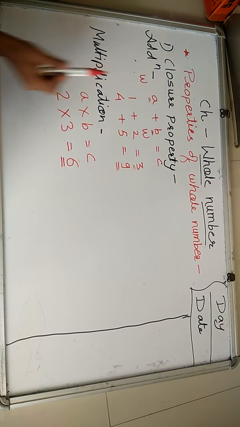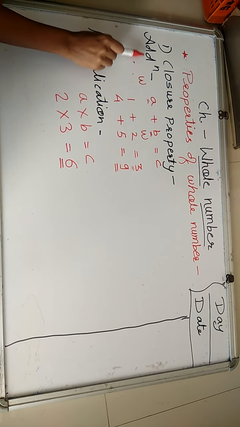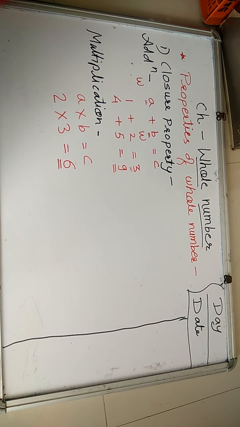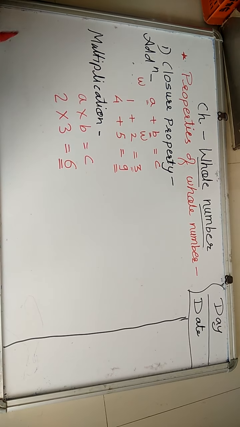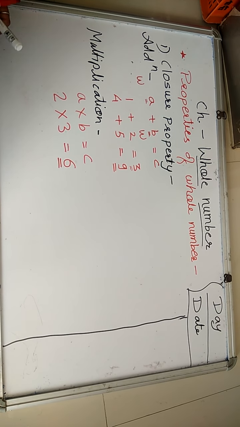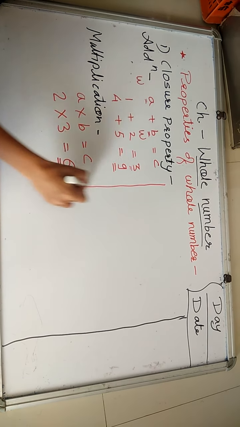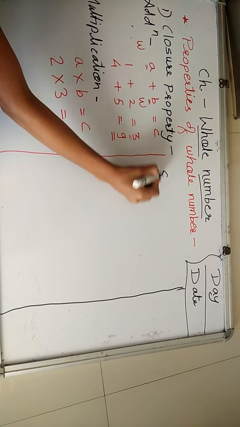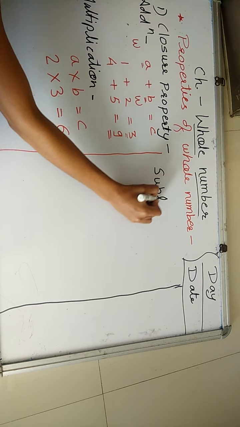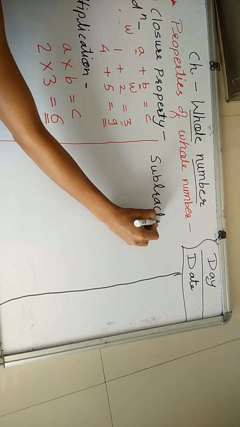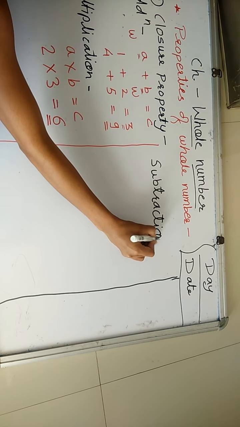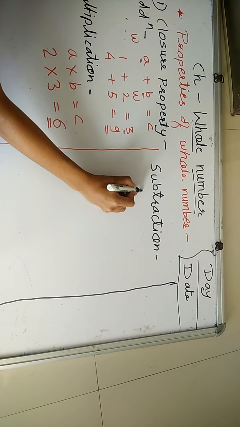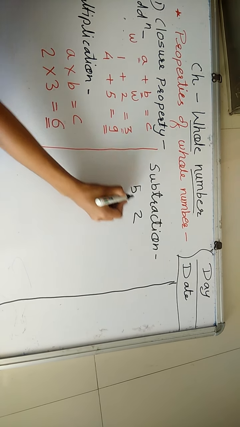It means that this is closure property of addition and closure property of multiplication. Remember, this closure property does not work for subtraction and division. Let's see how. Now here we have two whole numbers, 5 and 2.